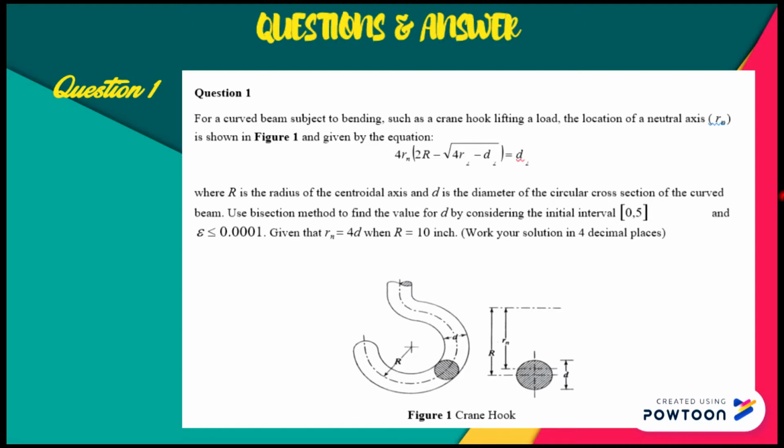Use the bisection method to find the value for d by considering the initial interval 0, 5. Error less than or equal to 0.0001, given that Rn equals 4d when r equals 10 inch. So you must work your solution in 4 decimal places.